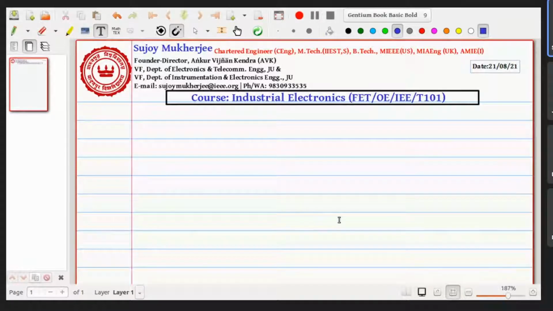Last class, we discussed one important point, that is the power semiconductor device family that we are talking about. That is something we are referring to by the term thyristors.